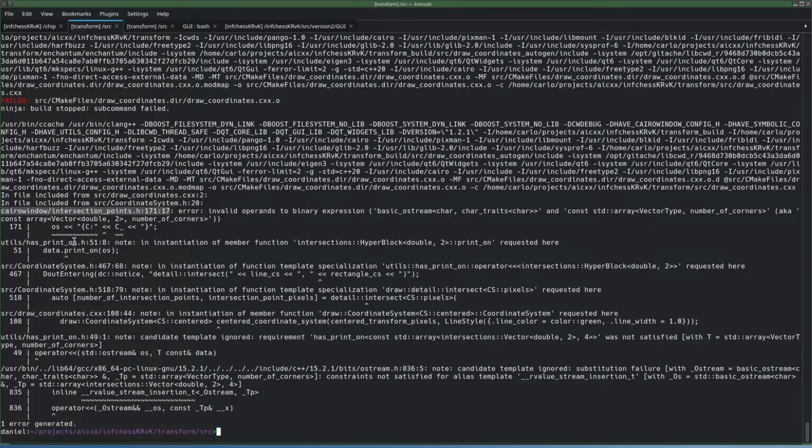And inside that namespace, we find a print on, and therefore it stops looking. However, oh, wait a minute, we are here as well.